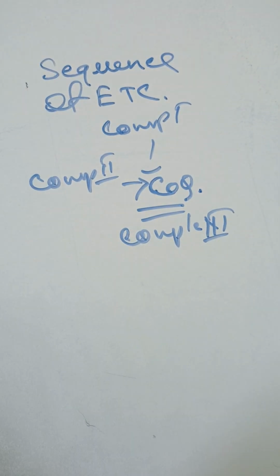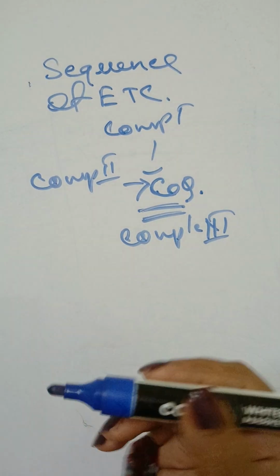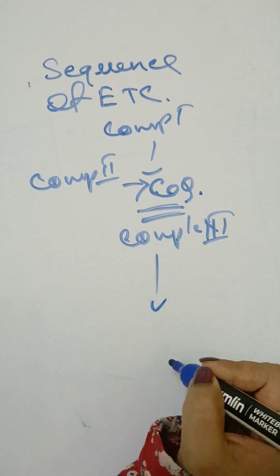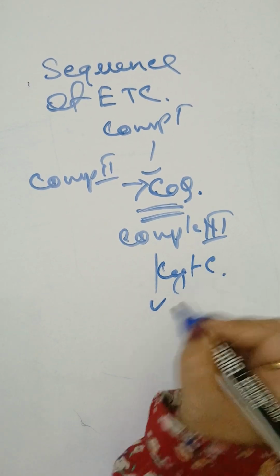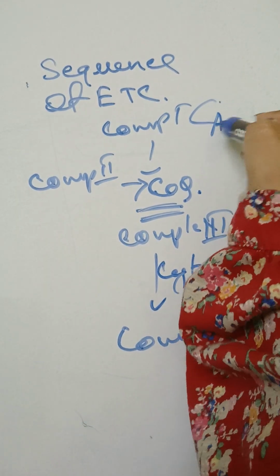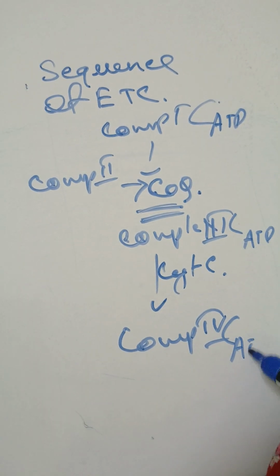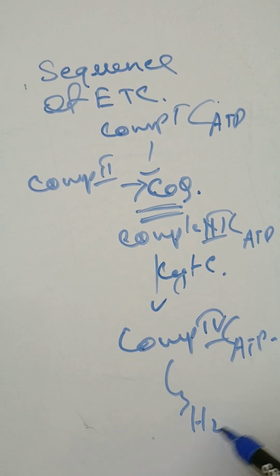Because it is ubiquitously present in all respiring organisms. And from complex 3 with the help of cytochrome C to complex 4. There is concomitant production of ATPs, and finally it will give rise to water.